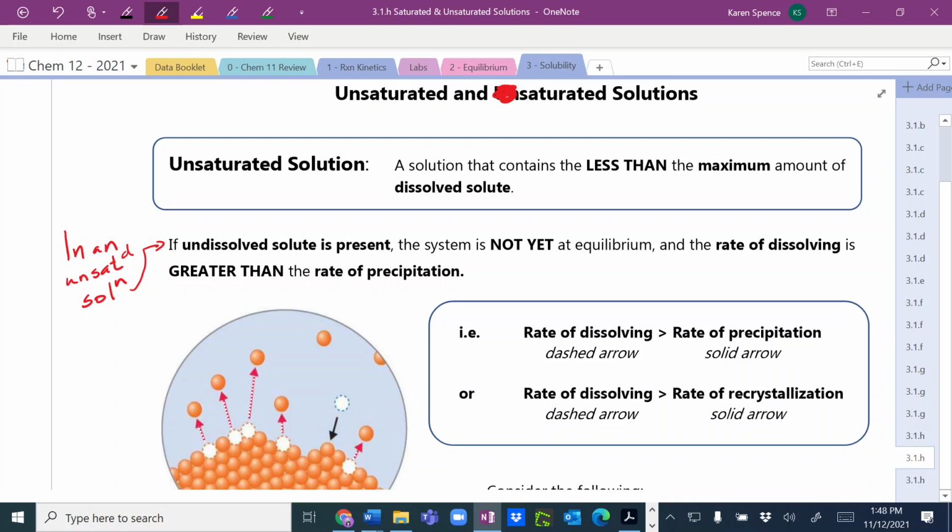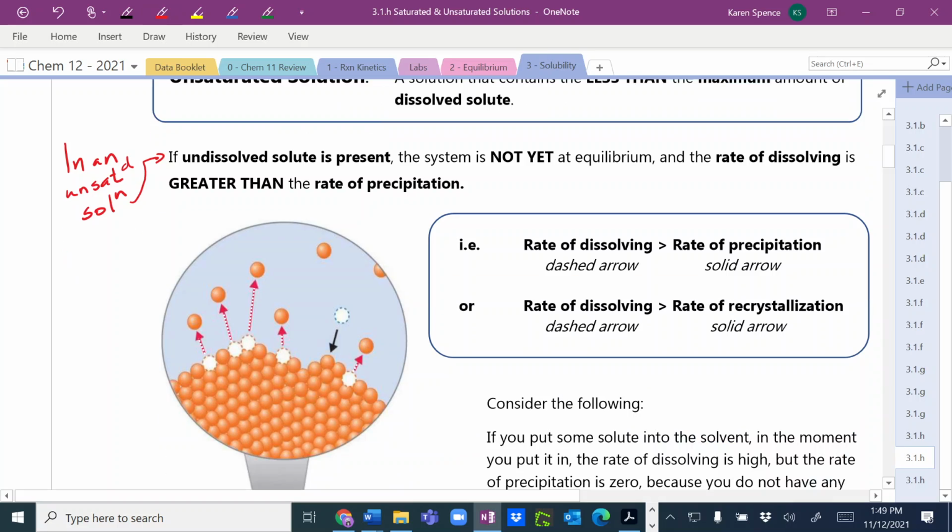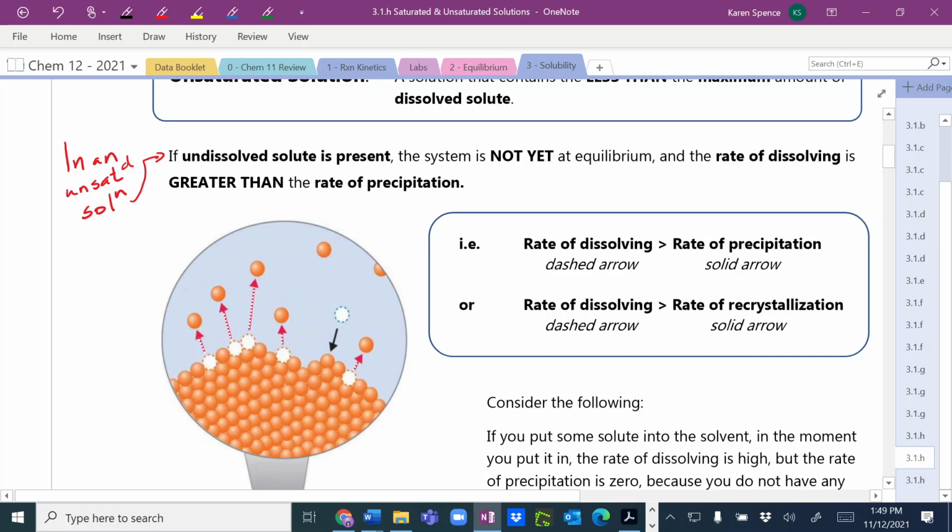Think about it this way. If we had a beaker and we threw some salt in and we stirred it, there is a process by which both of these are happening. Can you see all the little red arrows? That's all dissolving. But because we're in grade 12 now, we know that reactions don't always just go one way, they also go the other way. Sometimes a particle will join back up with the crystal, and that process is called recrystallization.